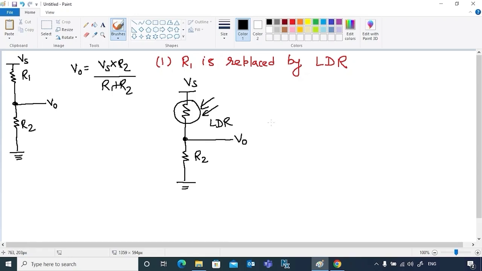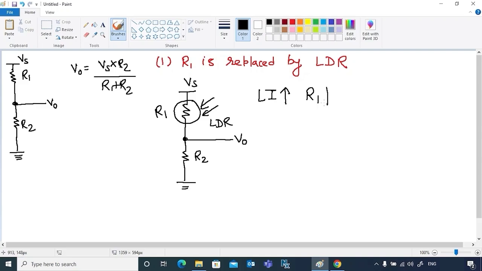So in this case, if you are increasing the light intensity on R1, which is at the place of R1, is R1 increasing or decreasing?